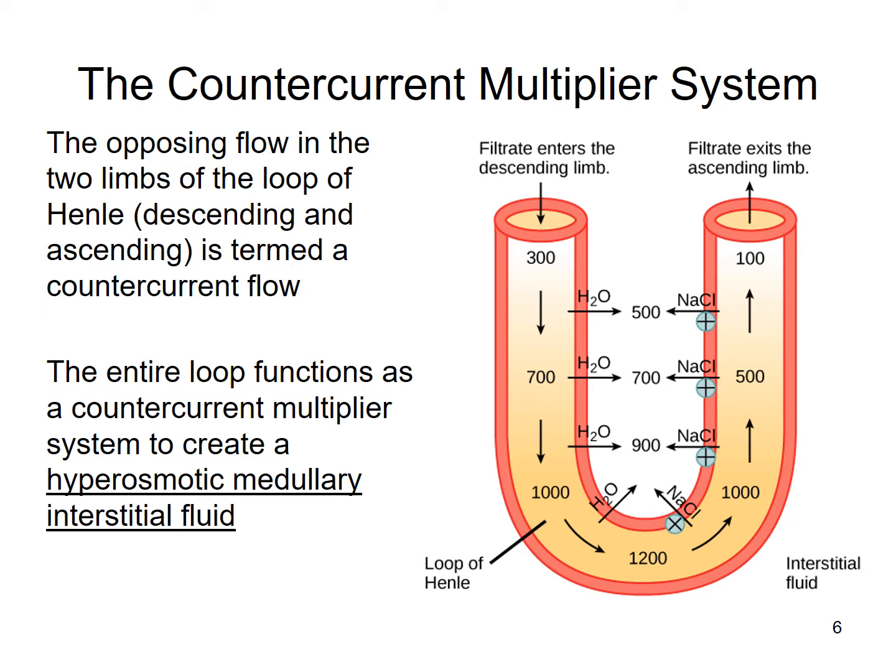First of all, in the descending limb, you have H2O, which is able to leave by osmosis. And in the ascending limb, you have sodium chloride, which is able to leave via active transport. That's why those little circles with the crosses are in there. So there's a different mechanism for how H2O leaves the filtrate on the descending limb versus how sodium chloride is reabsorbed from the ascending limb.